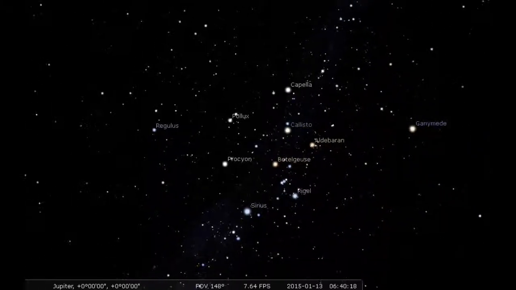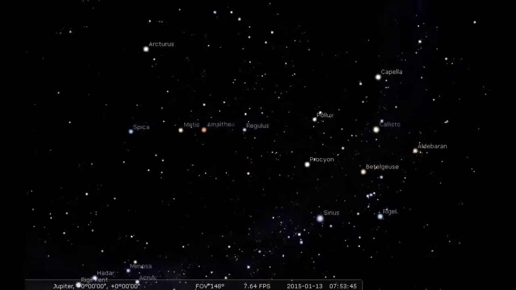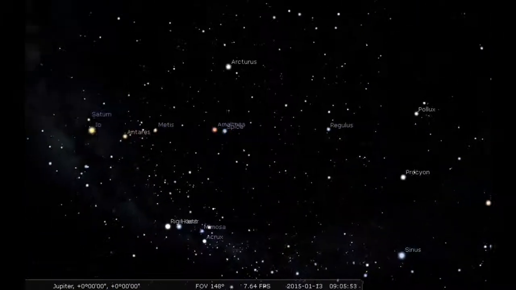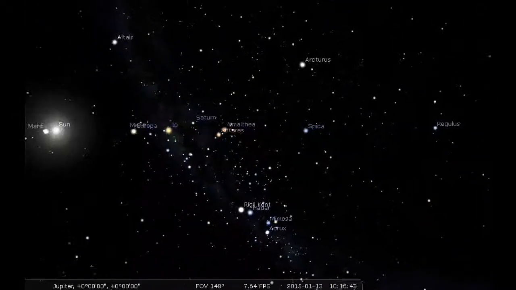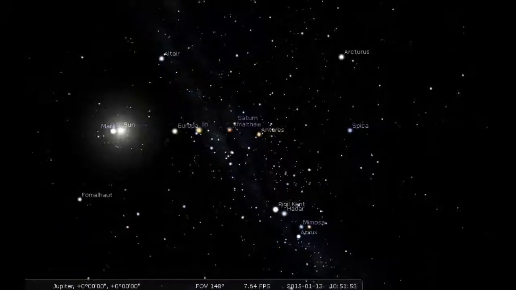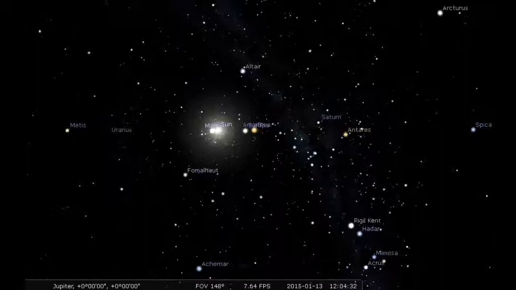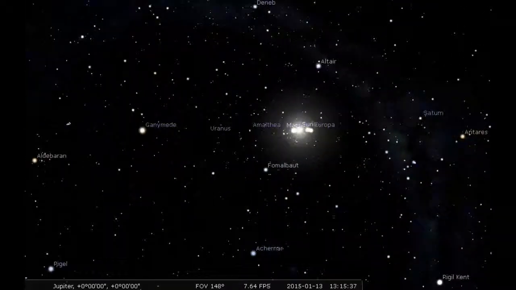Ganymede firmly in quadrant 3, still heading west from our point of view. And Callisto over there in quadrant 4, heading east. And here come Europa and Io. Looks like we'll be seeing a little bit of this from our latitude and longitude.